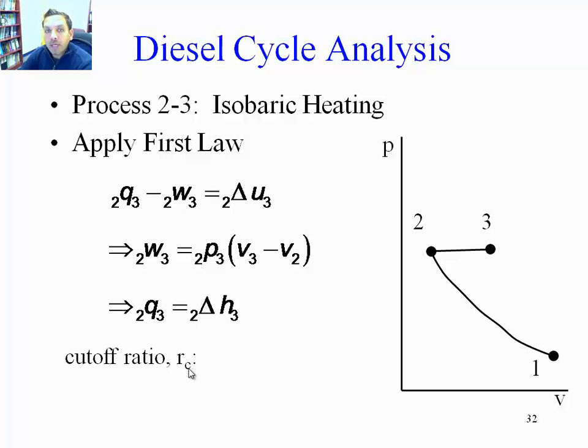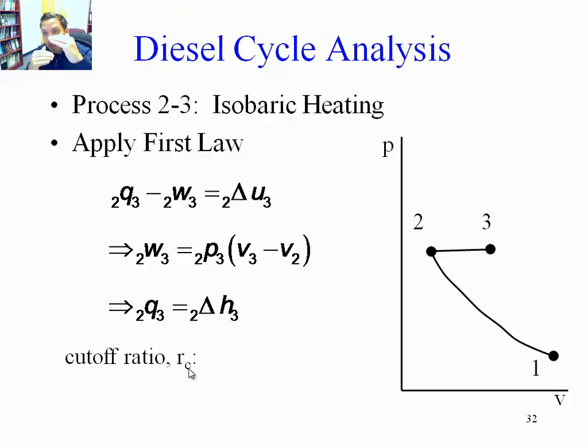The cutoff ratio is the ratio of volumes at the point where the piston goes, as it is going down, to the cutoff of the injection, the fuel injection actually being turned off. So there is a stage from the top dead center all the way down to a cutoff volume through which combustion takes place.